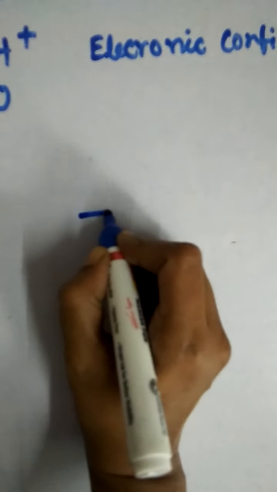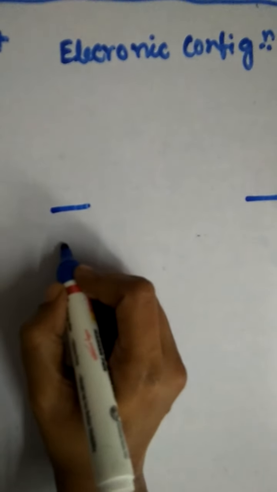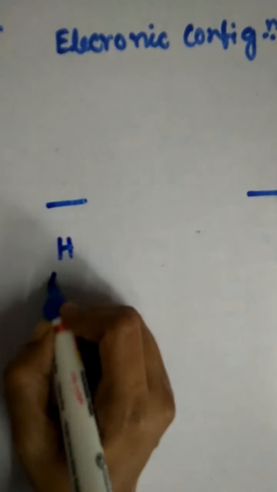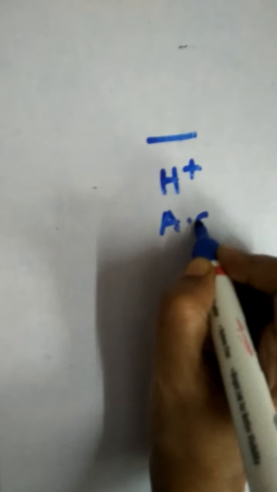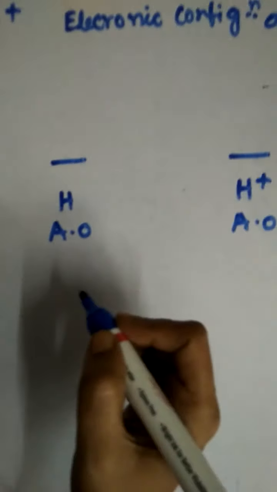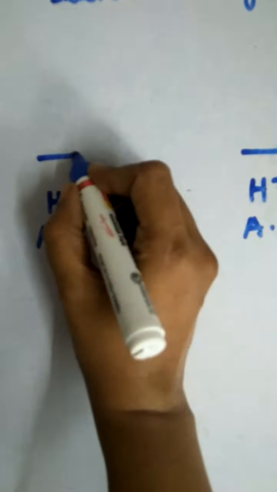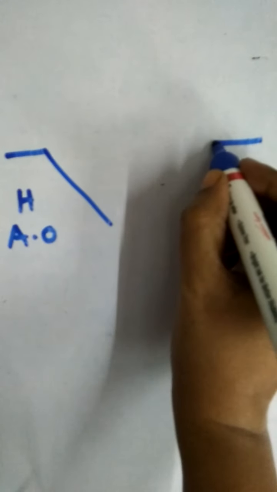On this side there will be one atomic orbital, and on this side you have one atomic orbital. This one is the hydrogen atomic orbital, and the right side is the H plus atomic orbital. These two will now combine to give the molecular orbitals.